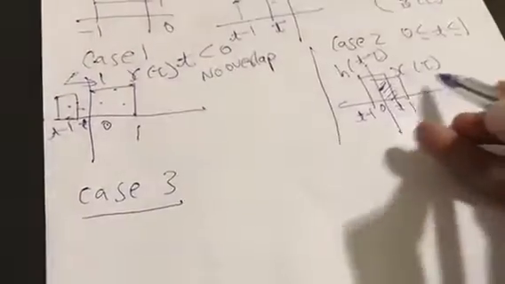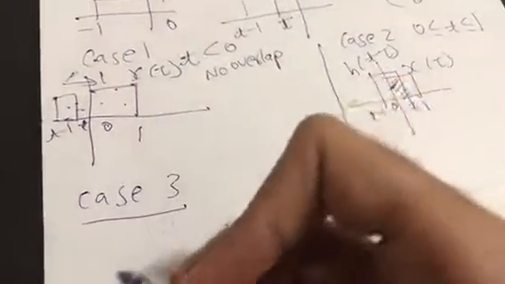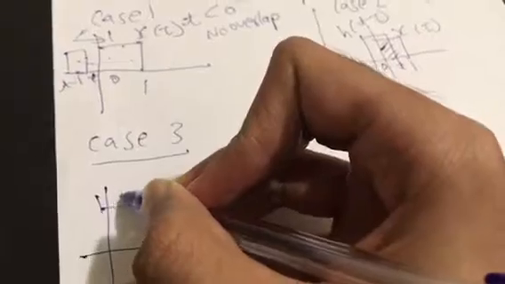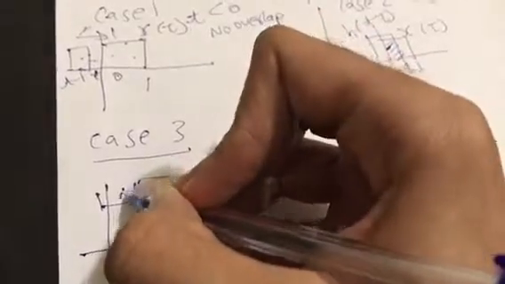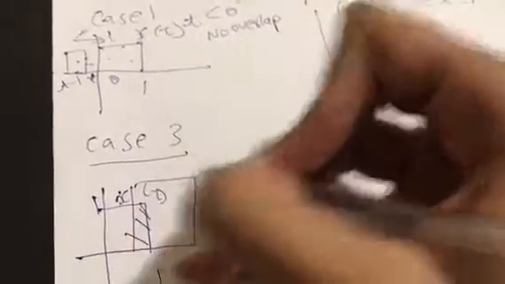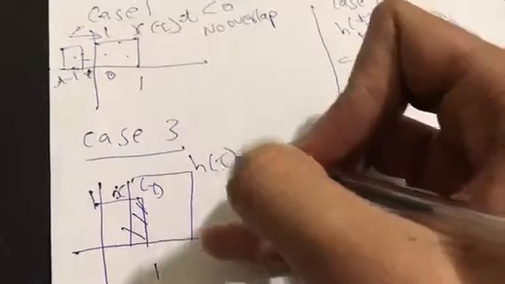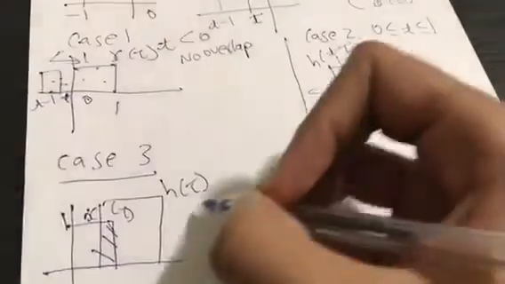Now the third case, we shift this more towards the right, and we get the overlapping region now. So this is x of tau, and this is h of t minus tau.